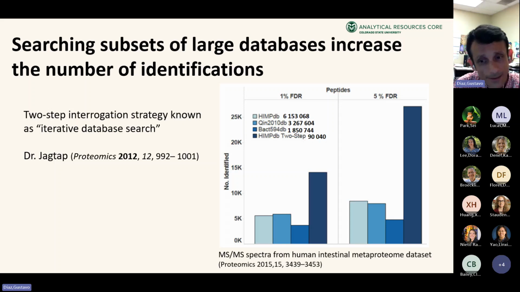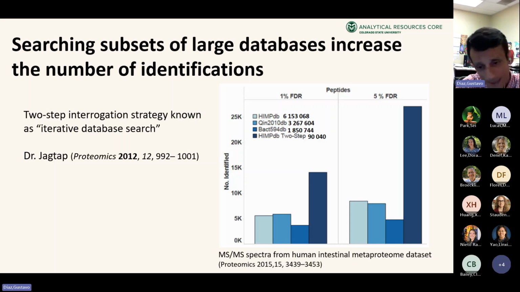The second one is a subset of the intestine metagenomes of 124 individuals. It only has about 3 million entries. The third one is 594 bacterial genomes that are commonly found in our gut microbiome. It's 1.8 million entries.